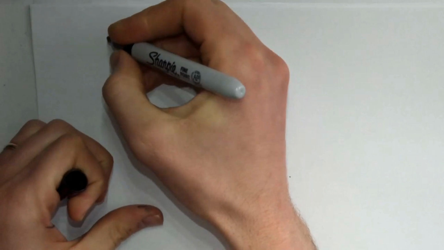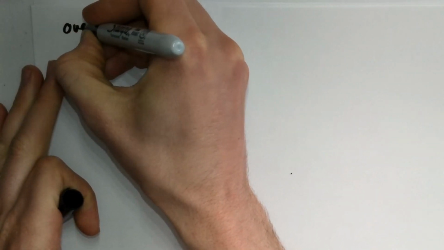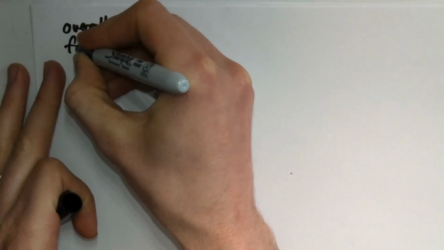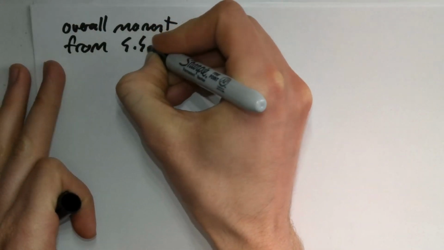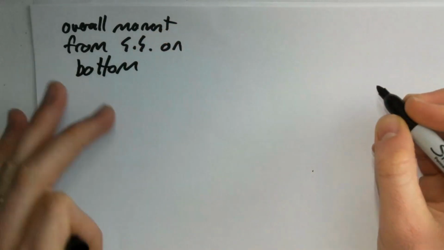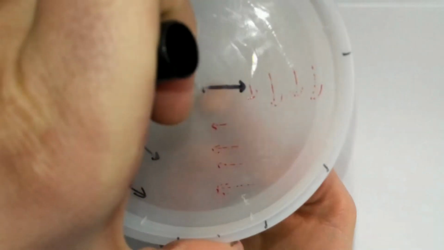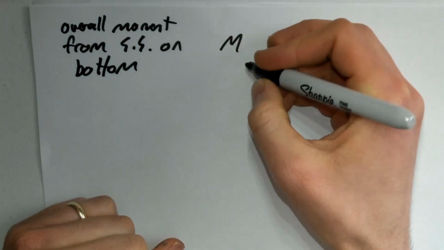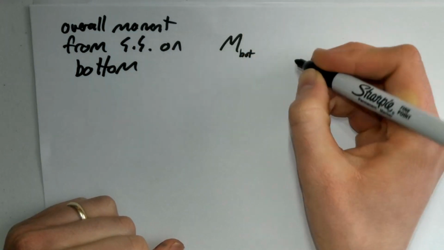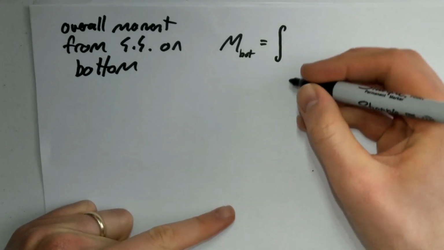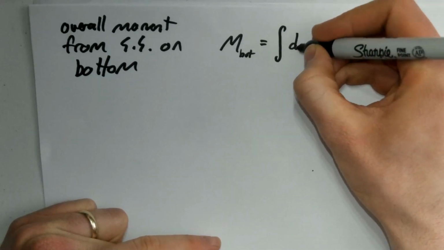So in general, if we want the overall moment from shear stress on the bottom face of this disk, let's say M for the bottom, then that's going to essentially equal the integral of all of the little dm's.